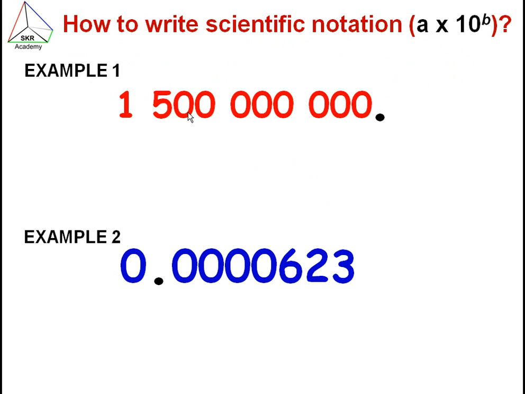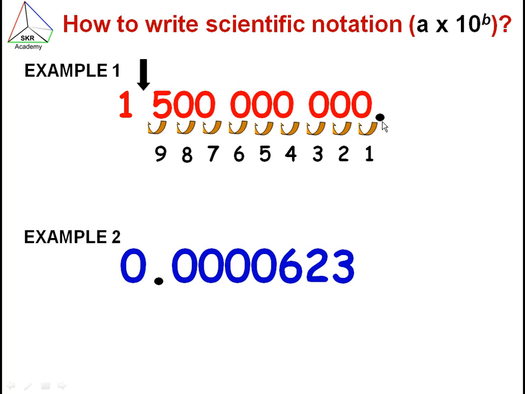You can see there is no decimal point, so let's add an arbitrary 0 on the right-hand side, and then we will move this decimal point one by one all the way to just after the 1. We have to count how many places we move: 1 2 3 4 5 6 7 8 9, so we move the decimal up to the 9th place.